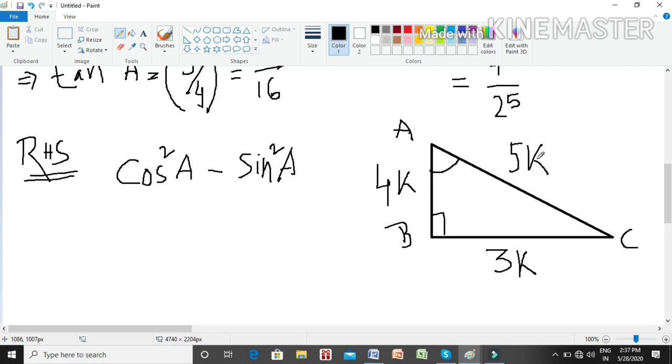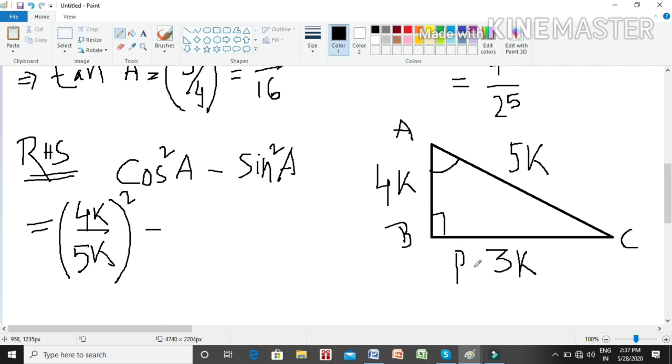So from here I can conclude cos A. What will be cos A? Cos A will be base by hypotenuse, that is 4K by 5K. And since this is cos square A, I am just putting a whole square. Minus, now sin A means perpendicular by hypotenuse. This is the perpendicular, this is the base, and this is the hypotenuse.